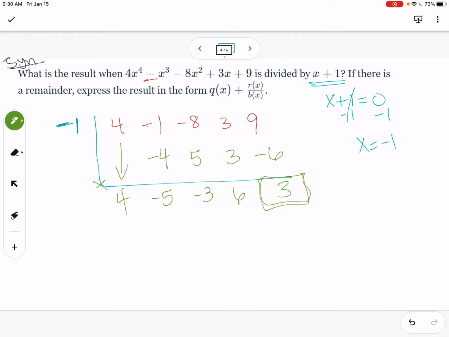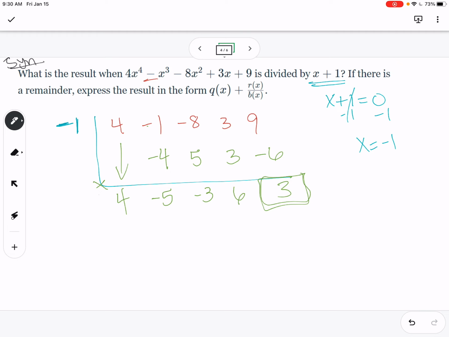And I'm going to double check myself because, you know what? I make mistakes. It's okay. 4, -4, add those, that's -5. Multiply those, that's +5. Add those, that's -3. Multiply those, that's +3. Add those, that's 6. Multiply those. Yes, okay, I did it right. So now that we have that, think about this.